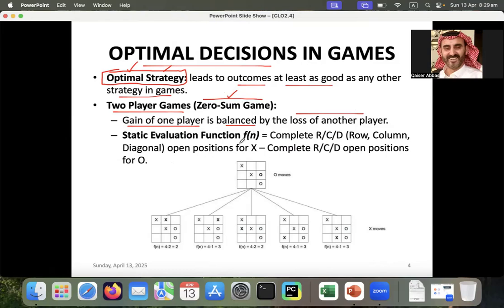For example, we have this equation. We are now taking a simple equation to understand the optimal strategy. Here we are using a static evaluation function, and we are calling it f(n).